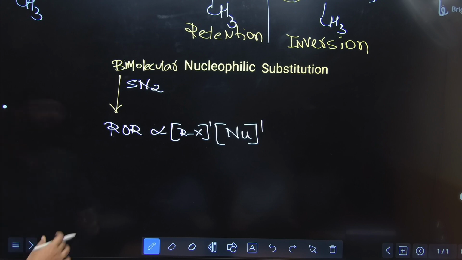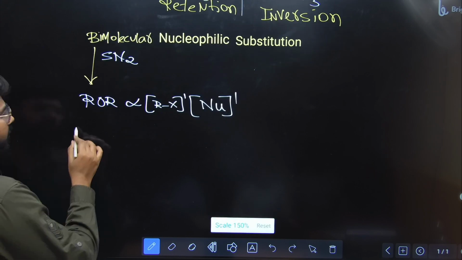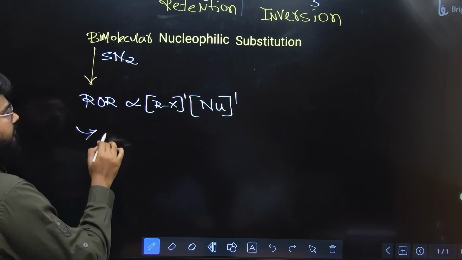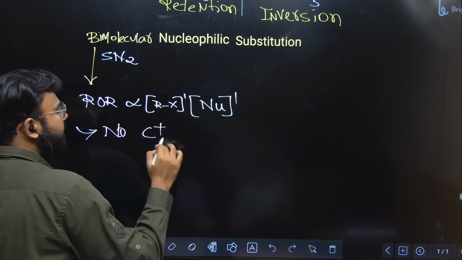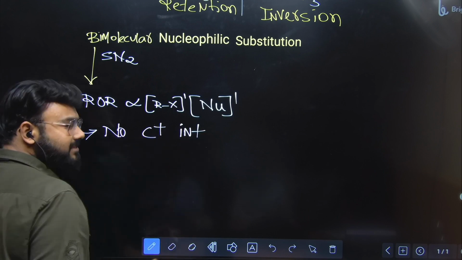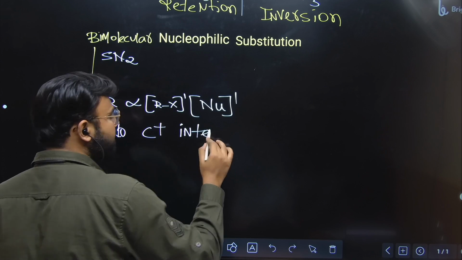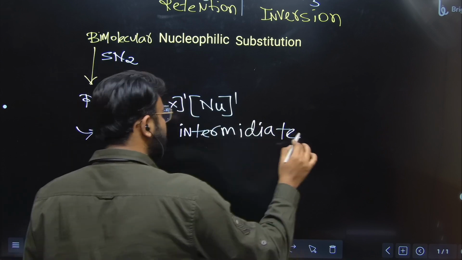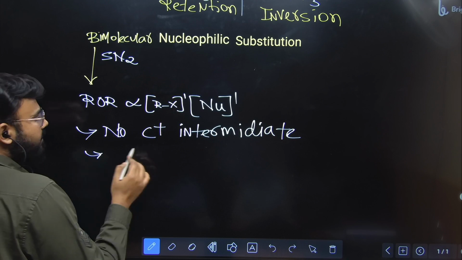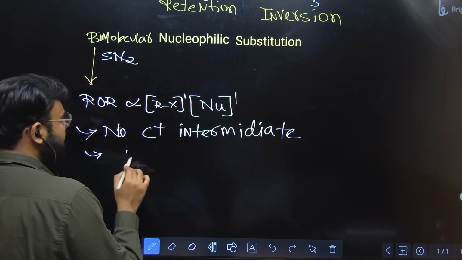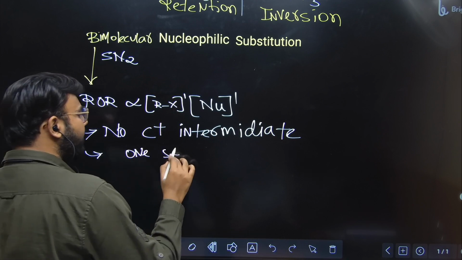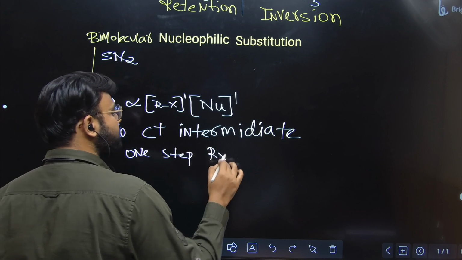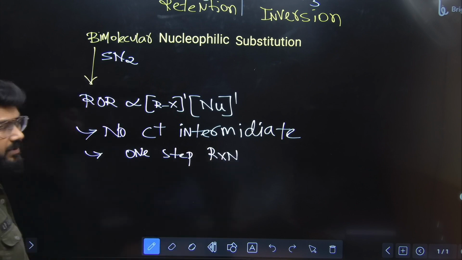Now let's see here one thing. Point by point, first of all, remember no carbocation intermediate. So guys, there is no carbocation intermediate. Moreover, when there is no carbocation, it's only a single step reaction. So one step reaction. I hope it's clear.